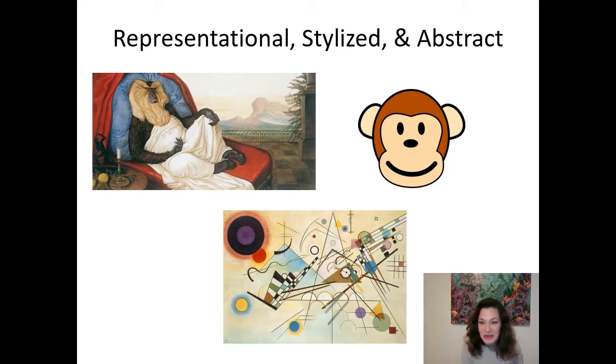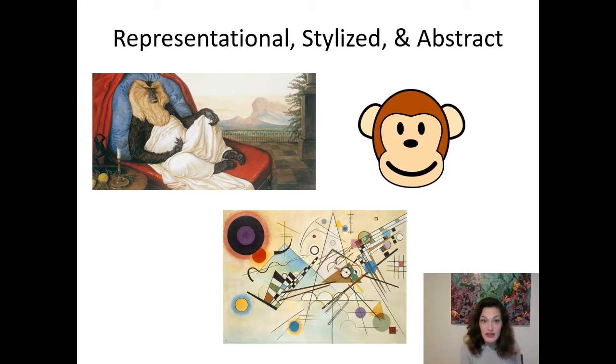But we know what it looks like because it's a part of our collective consciousness. And so anything that can be identified as what it is, as opposed to just being shapes. If it's just shapes and colors and nothing in the artwork or design is a thing, then we can say that it's abstract.